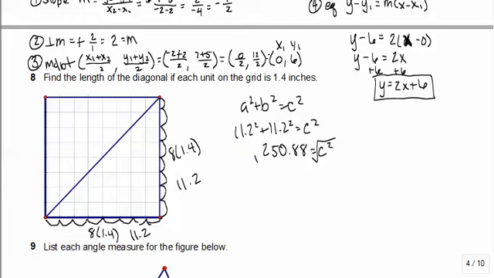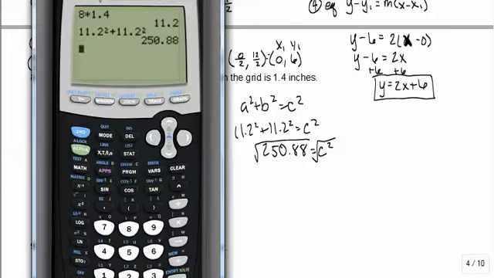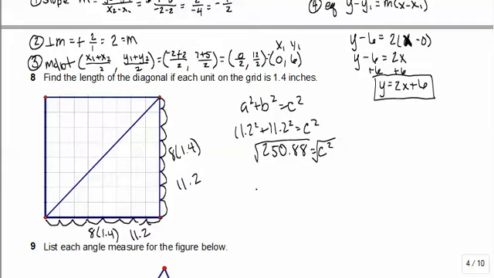Take the square root of all of that. 15.84 is your answer.